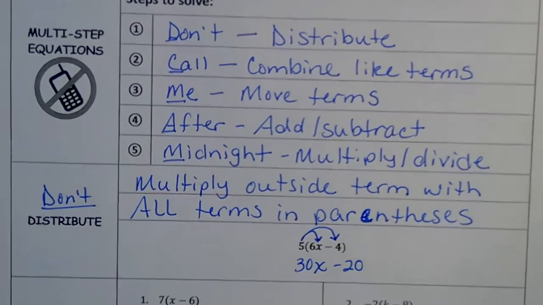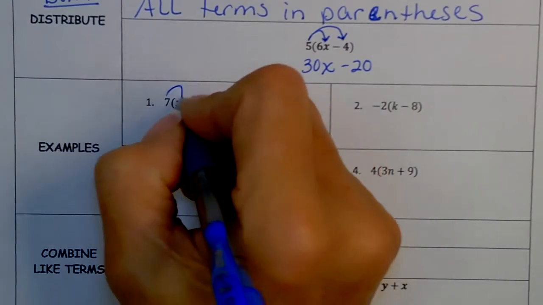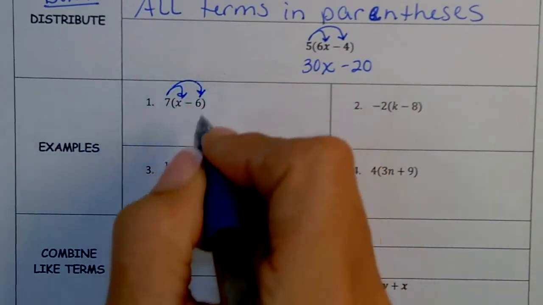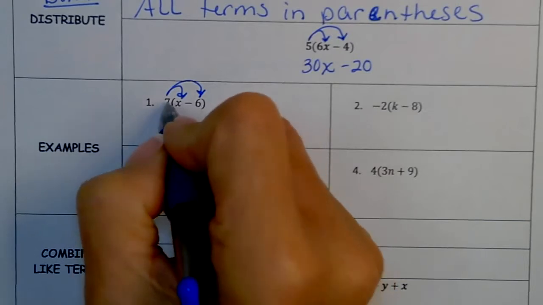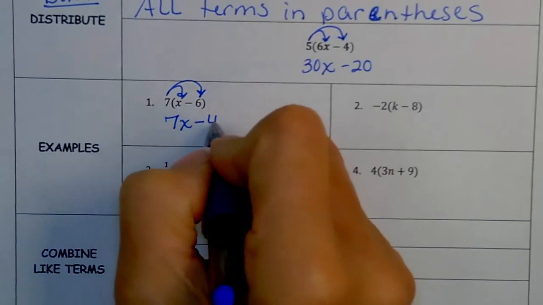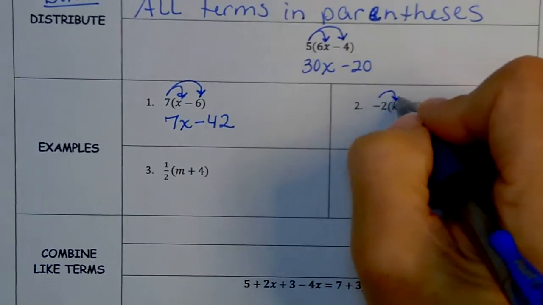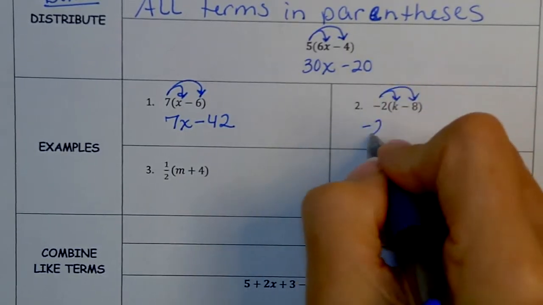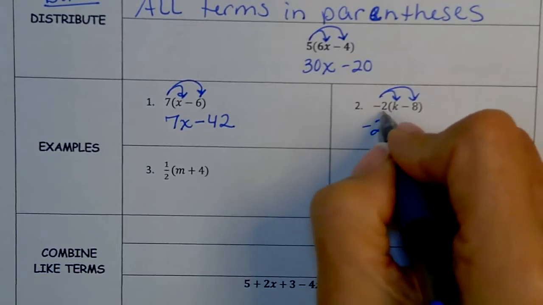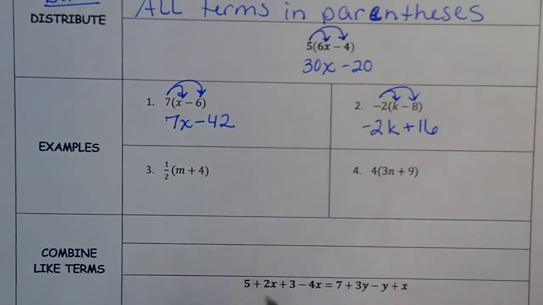Let's practice these 4 together. Okay, you need to distribute here and here. 7 times x is 7x. 7 times -6 is -42. Number 2. -2 times k is -2k. And -2 times -8 is +16.